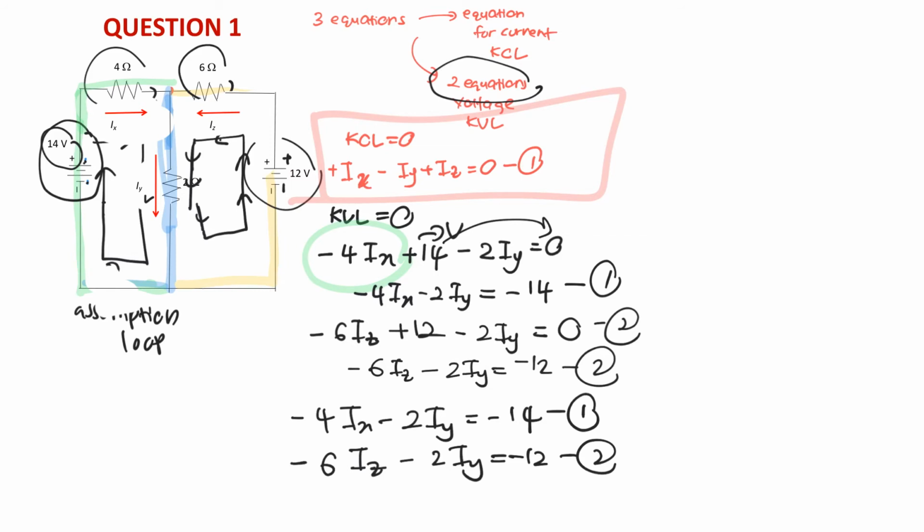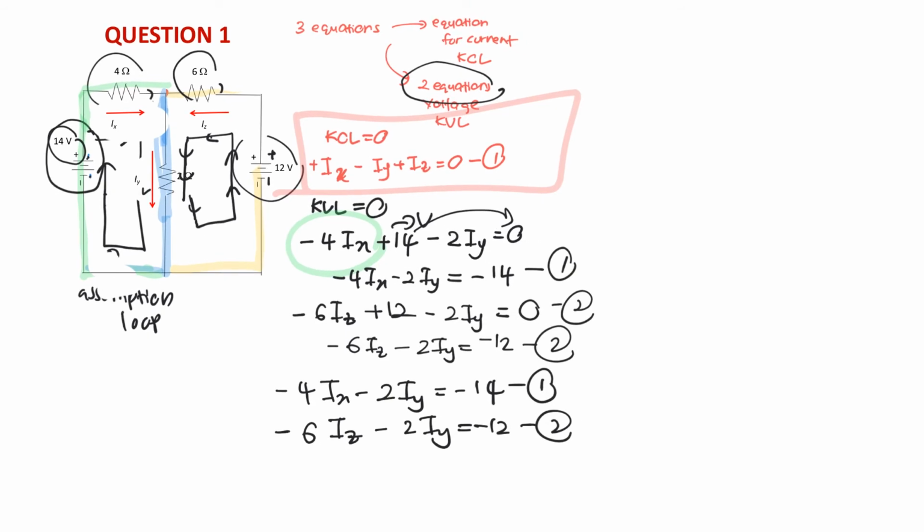So I'm going to change Ix. I'm going to take this equation, where I put Ix as the subject, which is Ix equals Iy minus Iz. This third equation I'm going to put inside the first equation.